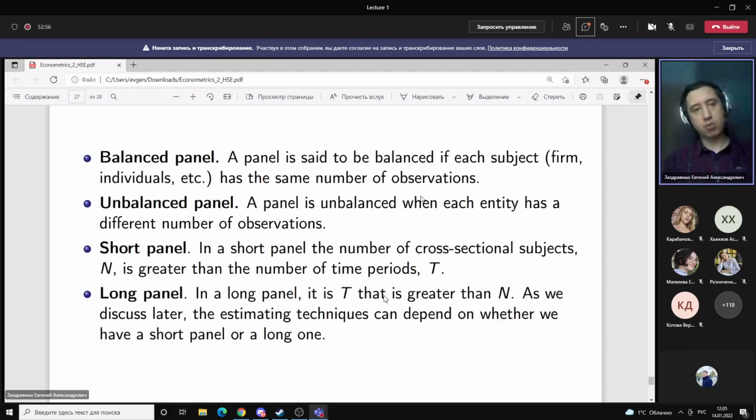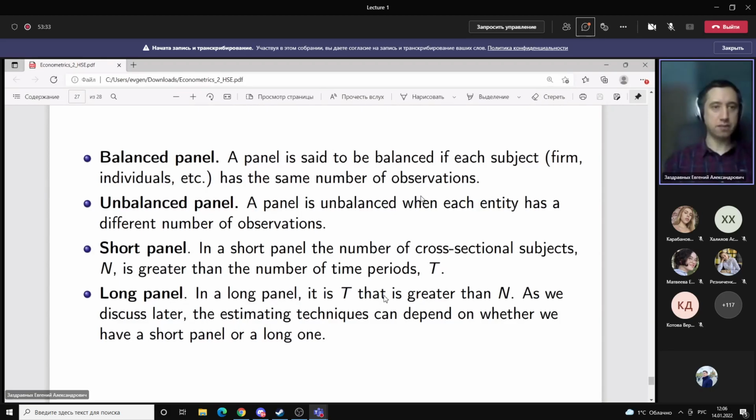In practice, when we work with country data or regional data, it's pretty easy to obtain a balanced panel. But if you work with survey data or firm level data, usually you will work with unbalanced panels. In your textbook, and I think in all undergraduate level and basic textbooks in econometrics, we imply that our panel is balanced, and we don't discuss theoretical issues related to the estimation of an unbalanced panel.